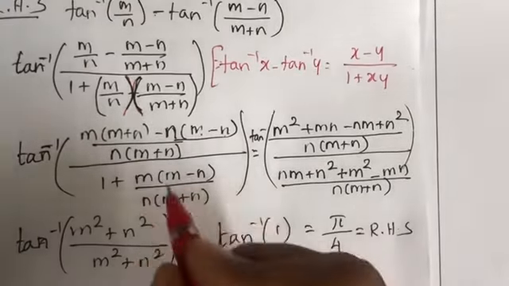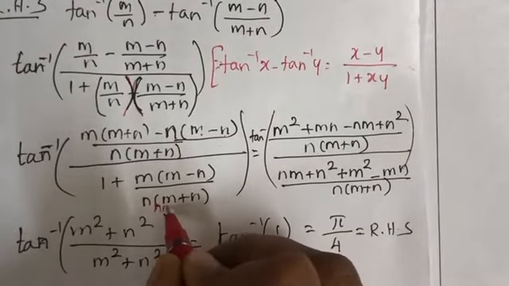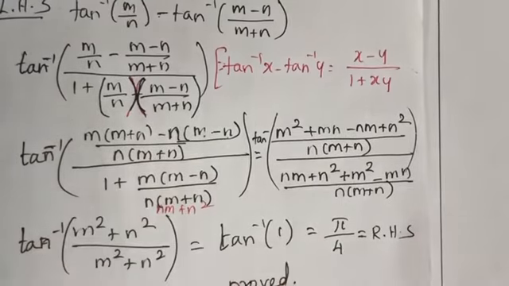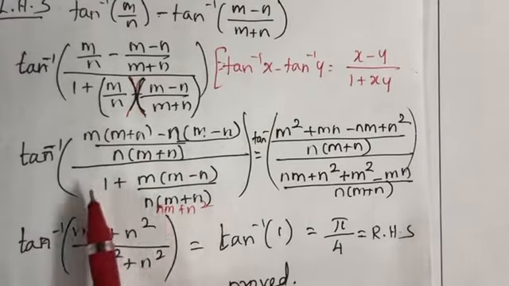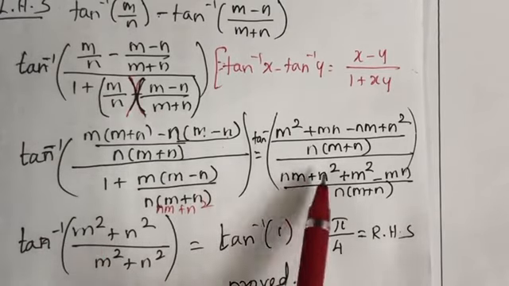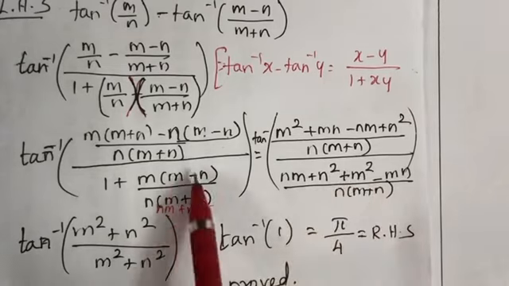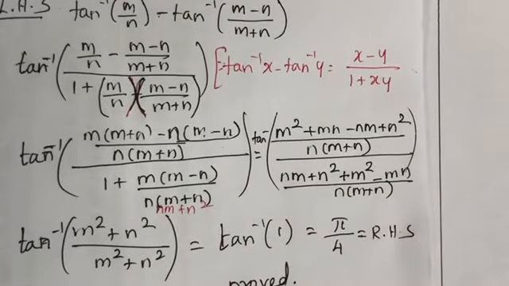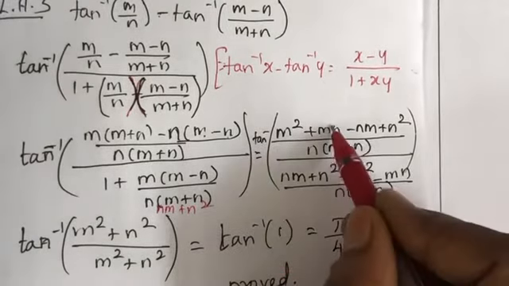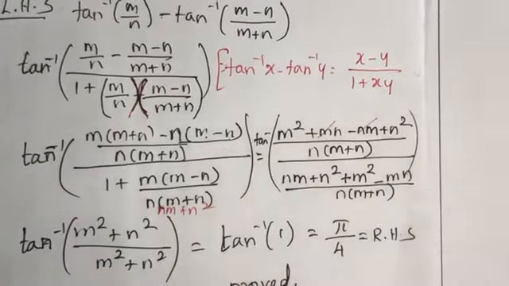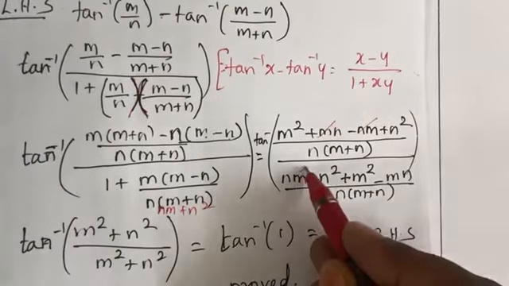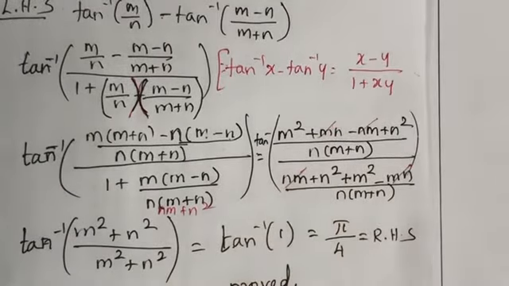While multiplying it is nm plus n square. So, while taking this as LCM, it is nm plus n square plus m into m, it is m square minus mn. So, we can cancel the like terms, mn minus nm cancel. Here as well nm minus mn cancel.